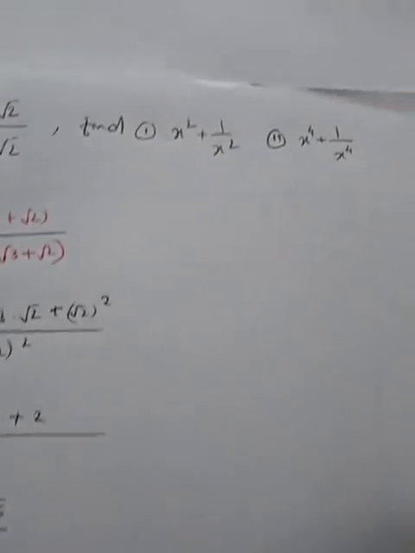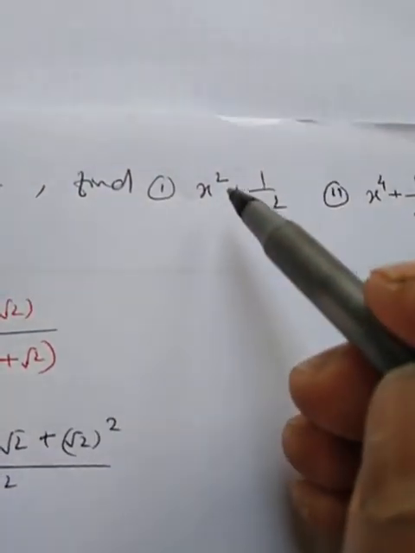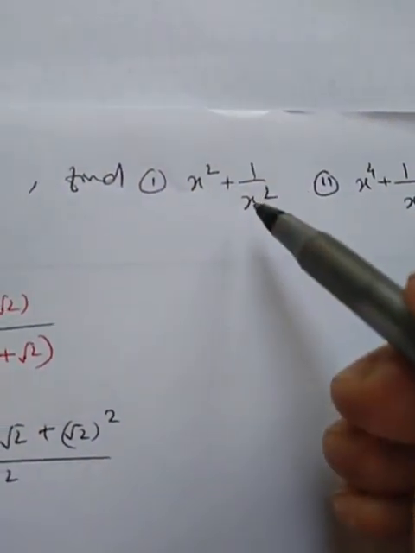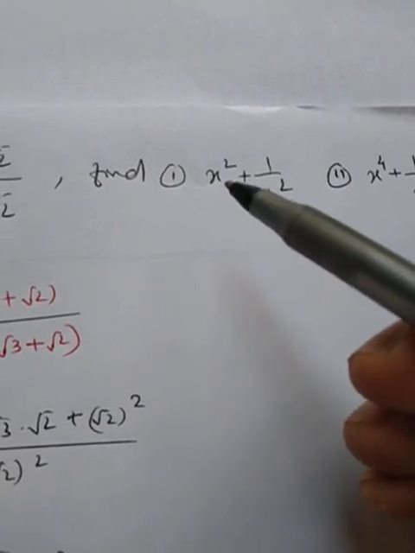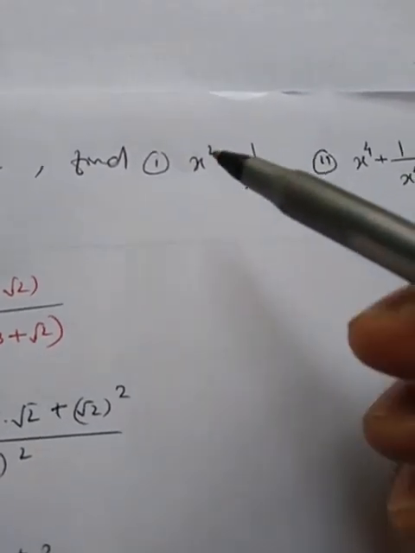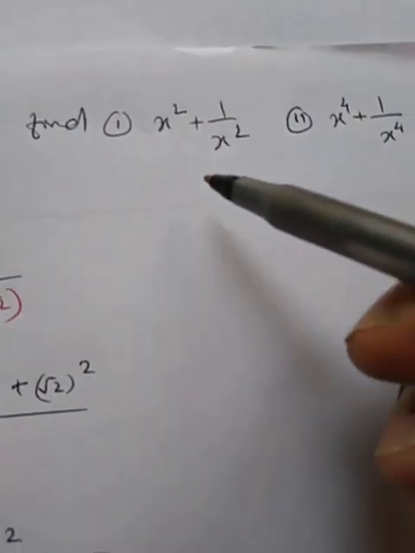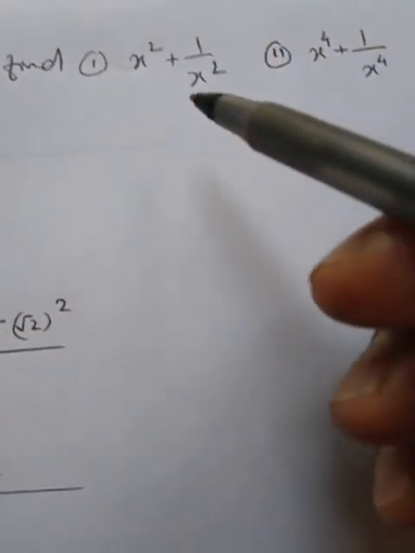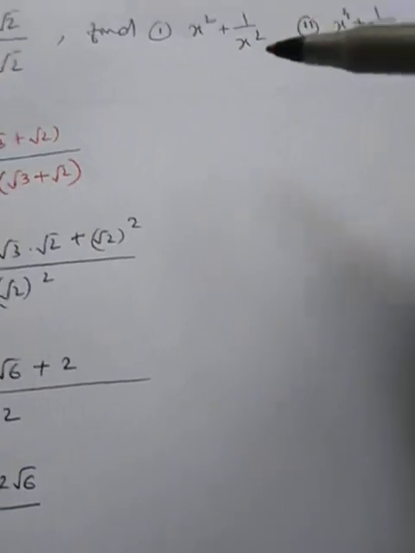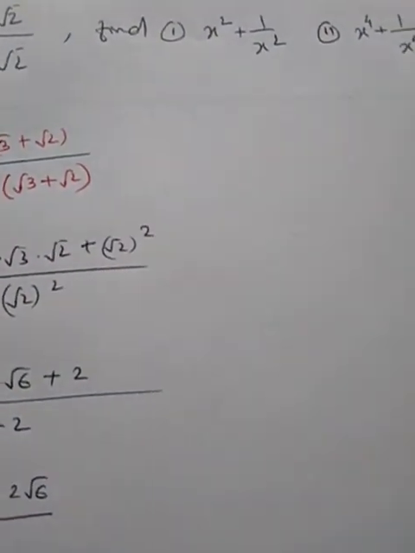Next, to find the value of x square plus 1 by x square, either you can put the value of x here and here and simplify, which will be a little bit lengthy, or else you can use an identity. Which identity will we use? Let us see.